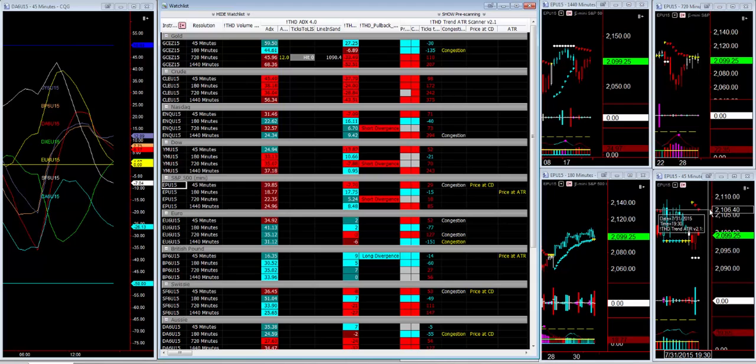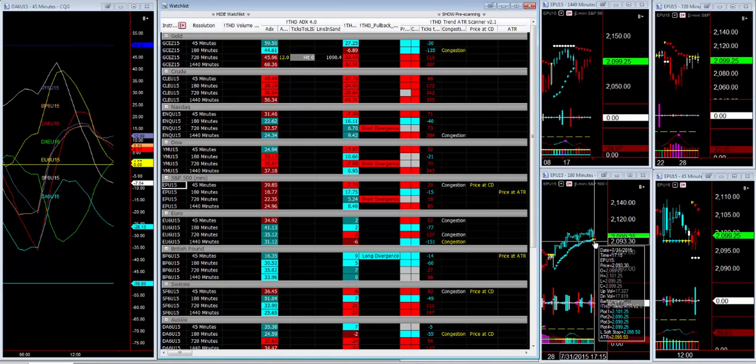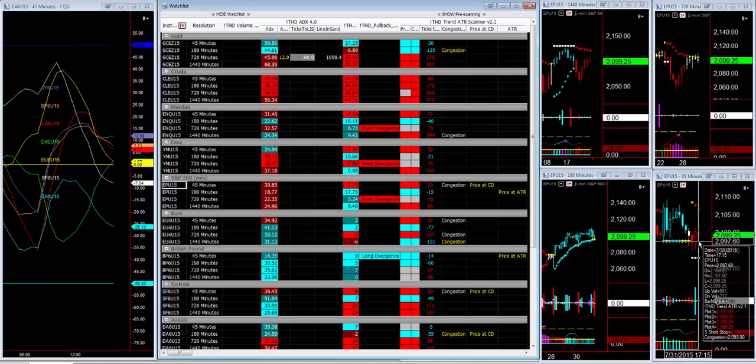I do think we should at least see 2106 on the S&P 500, but then we may continue down. That may give it enough force to break this ATR on the 180. So those are the key levels on the S&P 500.